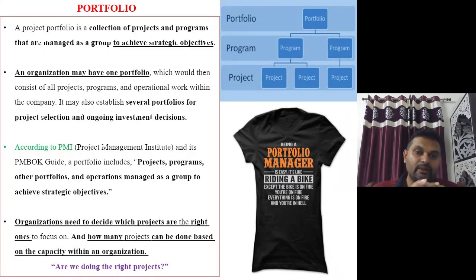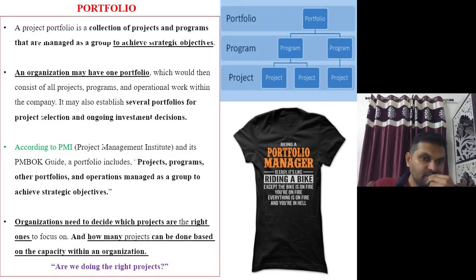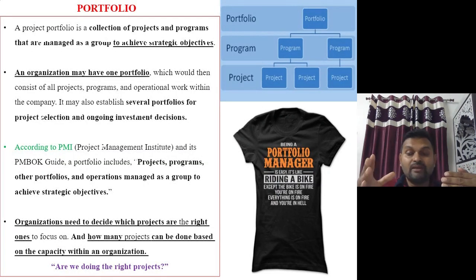Now, what is the strategic objective? Every company has some kind of vision to carry out, right? Let's take a very simple example. Suppose a particular construction company has a target: right now they may have a turnover of 500 plus crore, and within the next 5 years they want to double it.